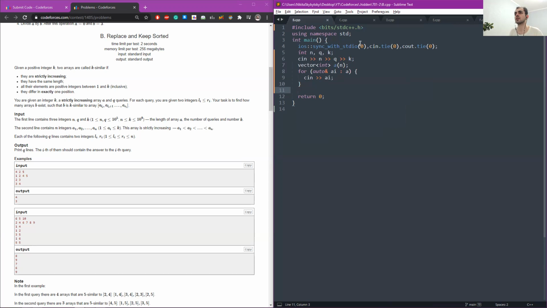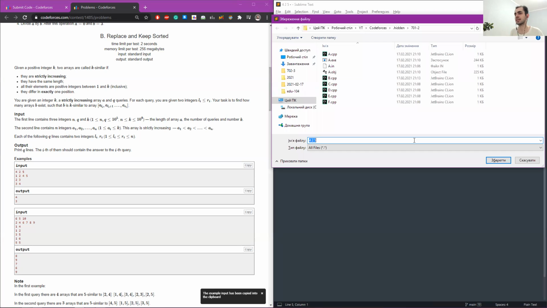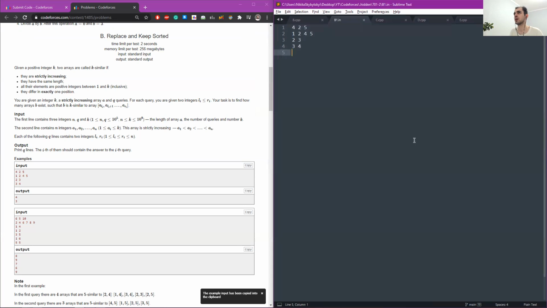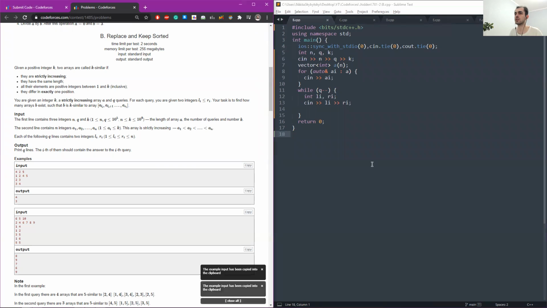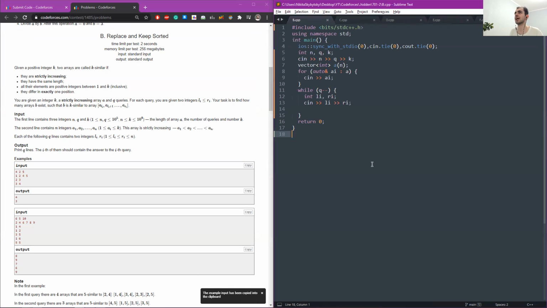Oh wait, actually, here we clearly have a loop like this. And if you think about it, they have to differ in exactly one position, which means we want to know how many ways there are to alter one element in some subarray to keep it strictly increasing.